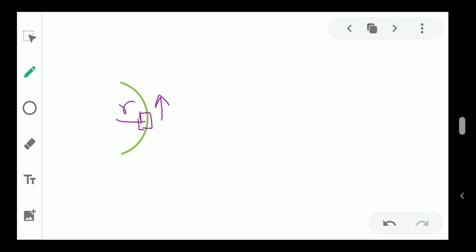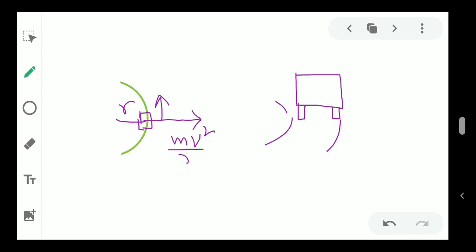When we look from the side, we can see that this is the car. I am very bad at drawing, so just adjust. These are the wheels of the car, and this is the road which has taken a turn after some time. When the car takes a turn, you know that when something moves in a circular or semicircular motion, that object experiences an outward force which is nothing but mv square by r, that is the centrifugal force.